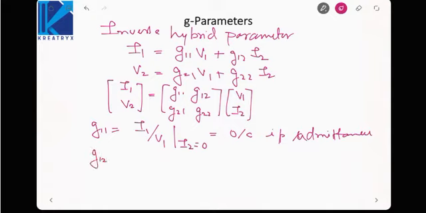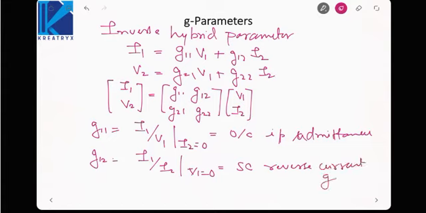What about G12? It will be I1 by I2 provided V1 equal to 0. It is the short circuit reverse current gain, because again the gain must be defined from output upon input, but here we are taking input current upon output current, hence the reverse gain.